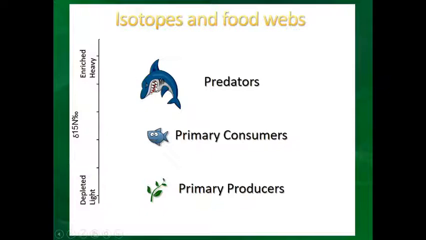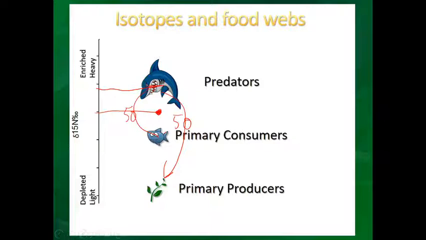So if this predator were omnivorous, let's say 50% of its diet came from here and 50% of its diet came from here, it would not appear at this level within the food web. It would be a little bit lower, so maybe right there.